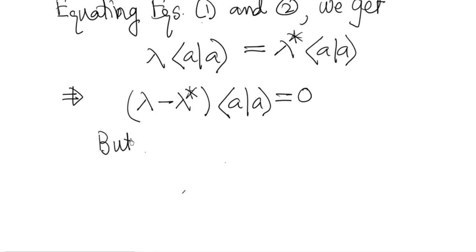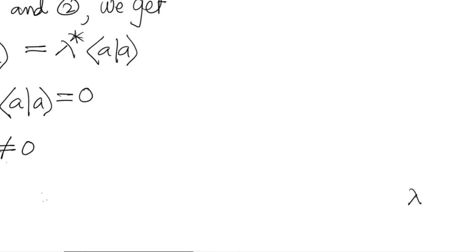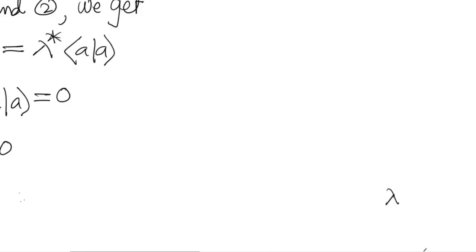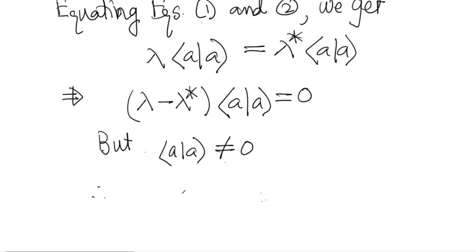But we know the inner product of a vector ket A with itself cannot be 0 for finite ket A. Therefore, which gives us lambda equal to lambda star.